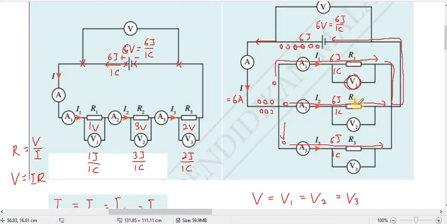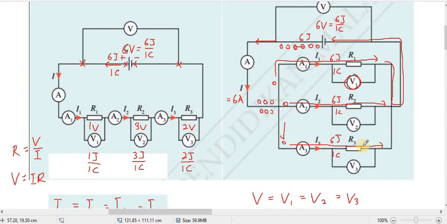This one, R2, is a bit lower. This one, R3, is the lowest resistance. Highest, a bit lower, lowest. So how do you think the charge is going to distribute? This one is more or less? Less, because this one's resistance is highest, so the charge that flows through will be less.